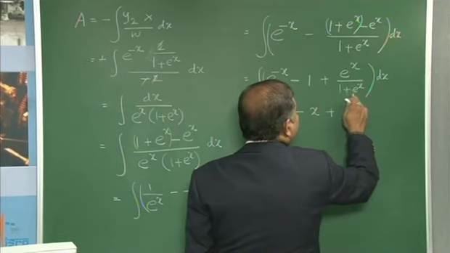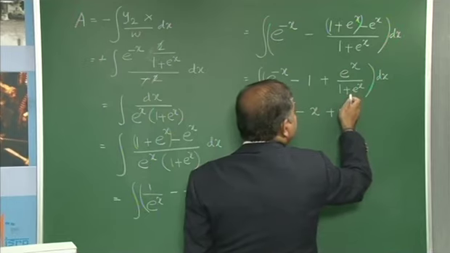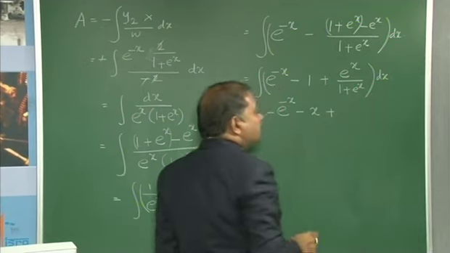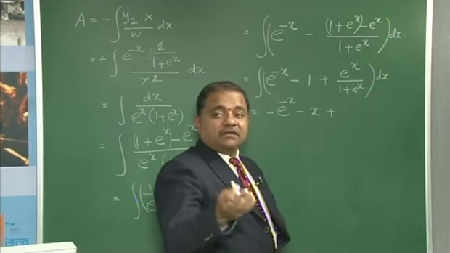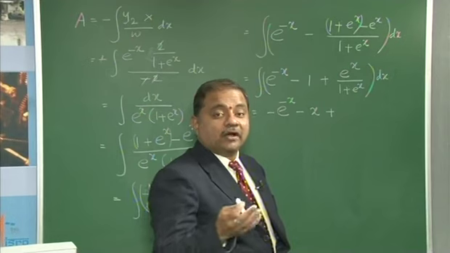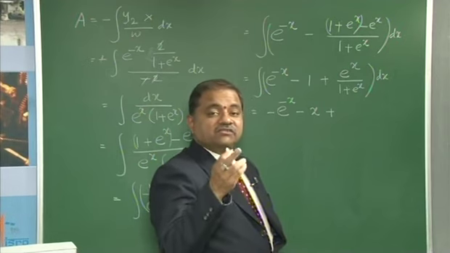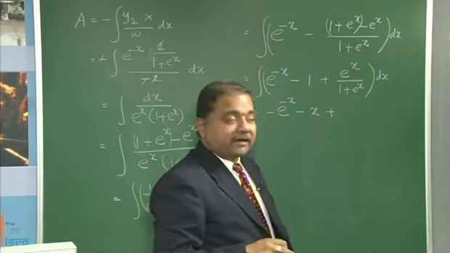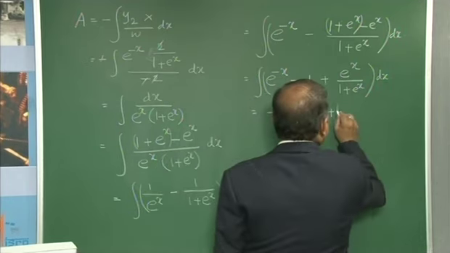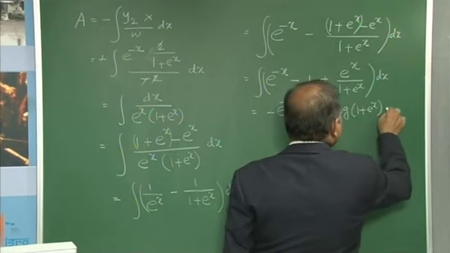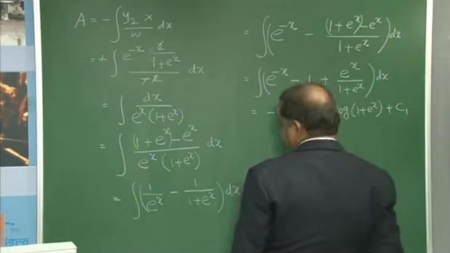Here 1 plus e power x, its differentiation is in the numerator. 1 differentiation is 0, e power x differentiation is e power x. The formula for 1 by x is log x. Why do people say 1 by x is log x? X differentiation is 1, it is in the numerator. Therefore, it will become log of 1 plus e power x plus c1.